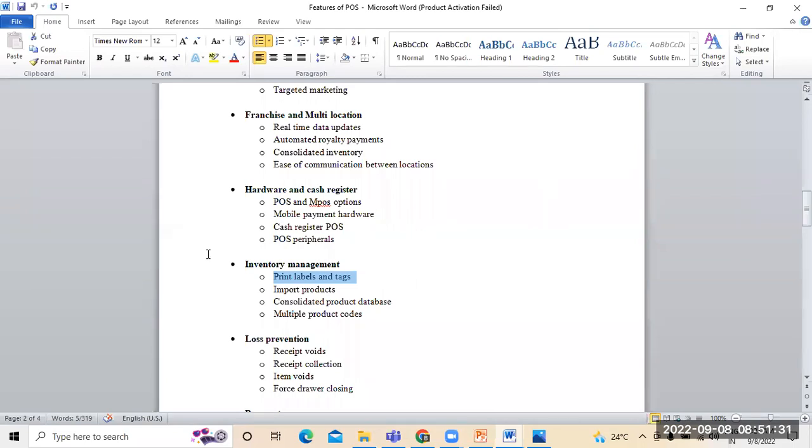Next, you need to import the products from the manufacturer. Next, you need to consolidate the product database. Whatever product database you have, you always need to consolidate that. Next, you need to design and define multiple product codes for the products.